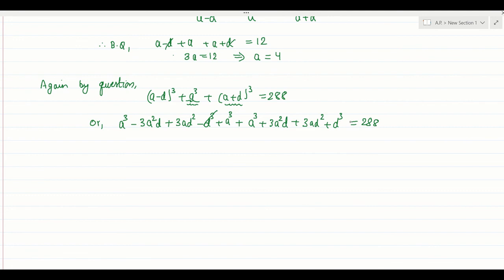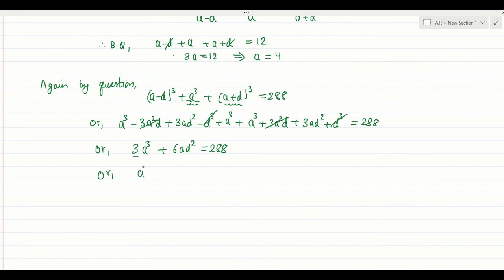Now minus D cube plus D cube cancelled. Minus 3A square D plus 3A square D cancelled. So ultimately we are left with A cube, A cube, A cube, that is 3A cube, plus 6AD squared is equal to 288. Is this clear? Now what can be done? We can just take 3 common from here.